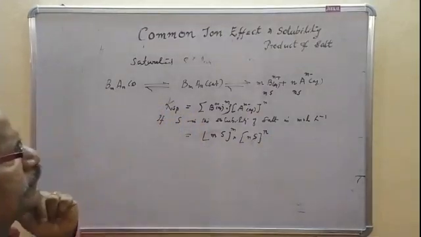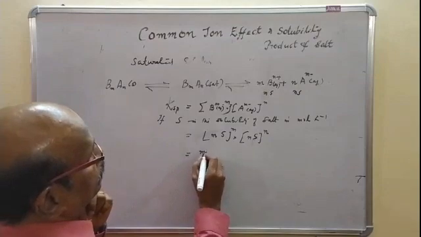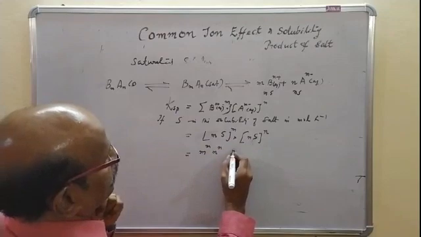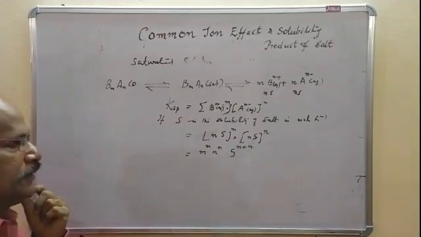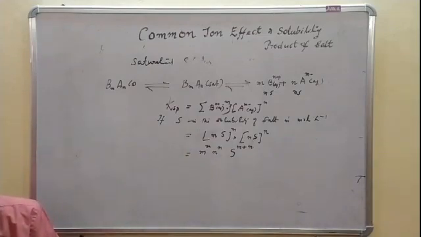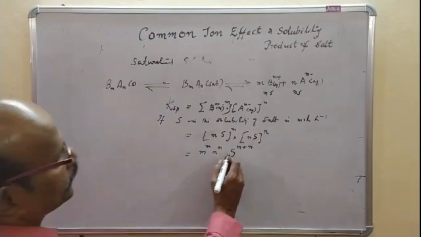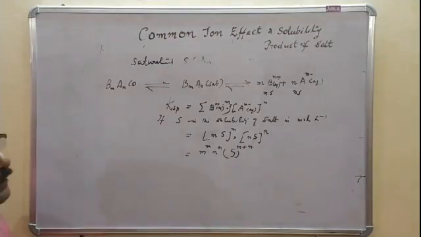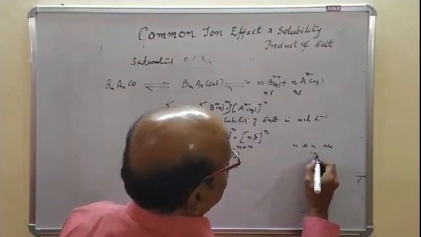This is the situation. So we have the equation KSP equals m raised to m into n raised to n into S raised to m plus n. Here m and n are integers.